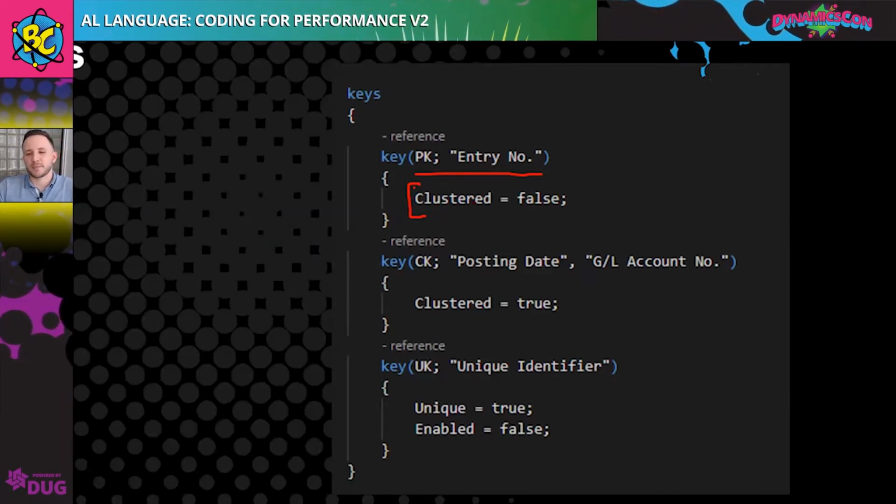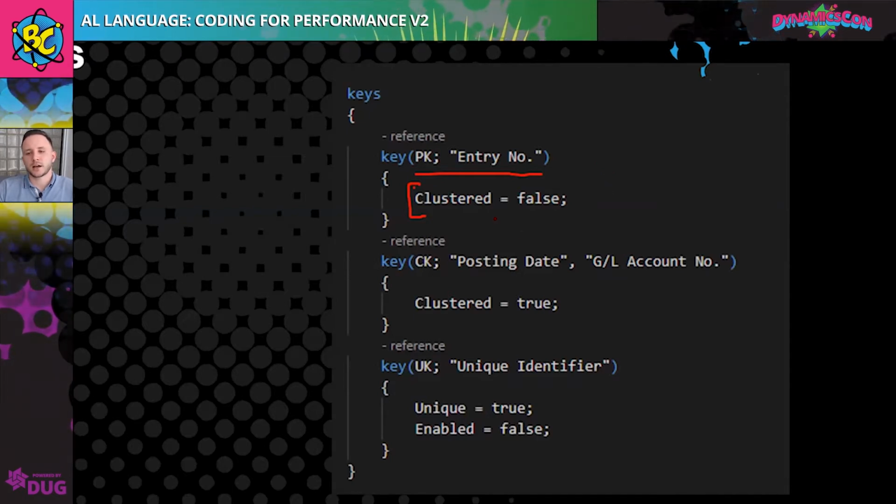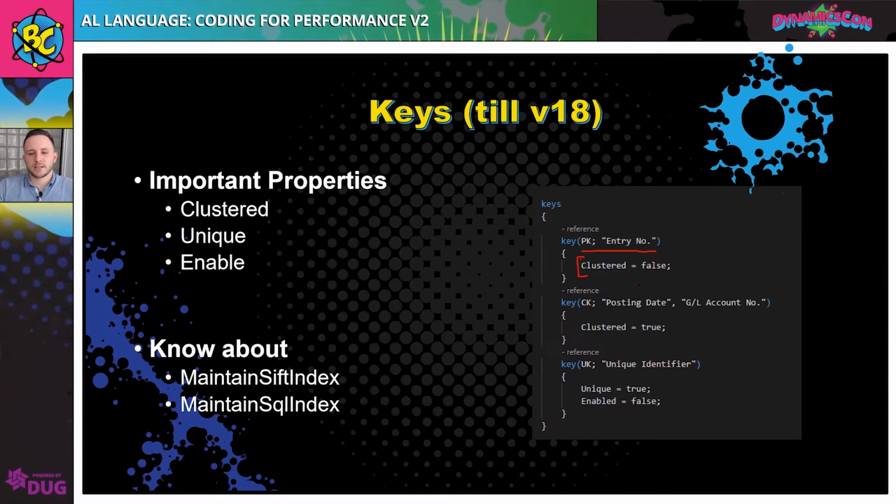Usually the primary key, the entry number or document type, document number, or some similar keys in Business Central are clustered. So it means that in the storage, in the database, the records are sorted or ordered by the entry number.